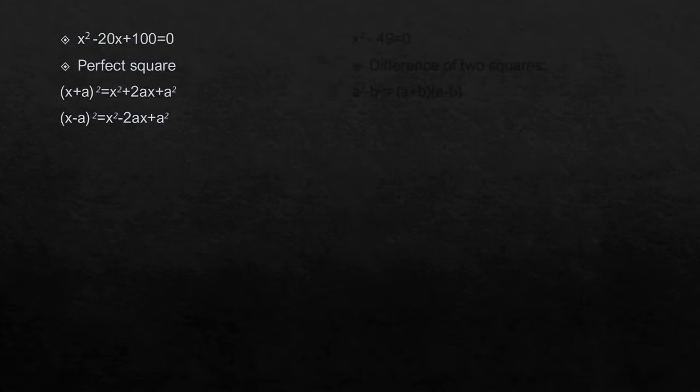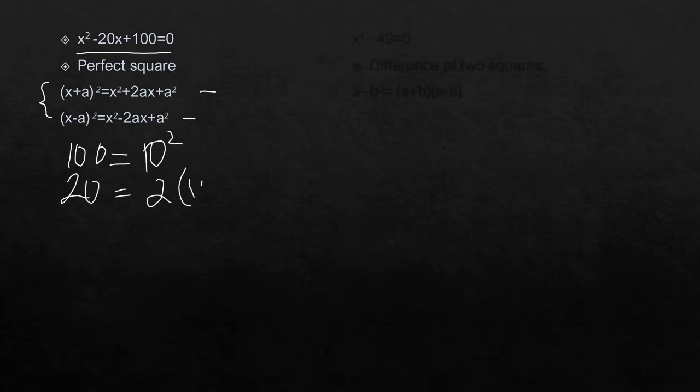There are some special cases in factorization. The first one is when the equation is a perfect square. When the equation is a perfect square, it will always follow the general formula of these two equations. So for example, we have x squared minus 20x plus 100 equals 0. Here we can see that 100 is actually 10 squared and 20 is equal to 2 times 10.